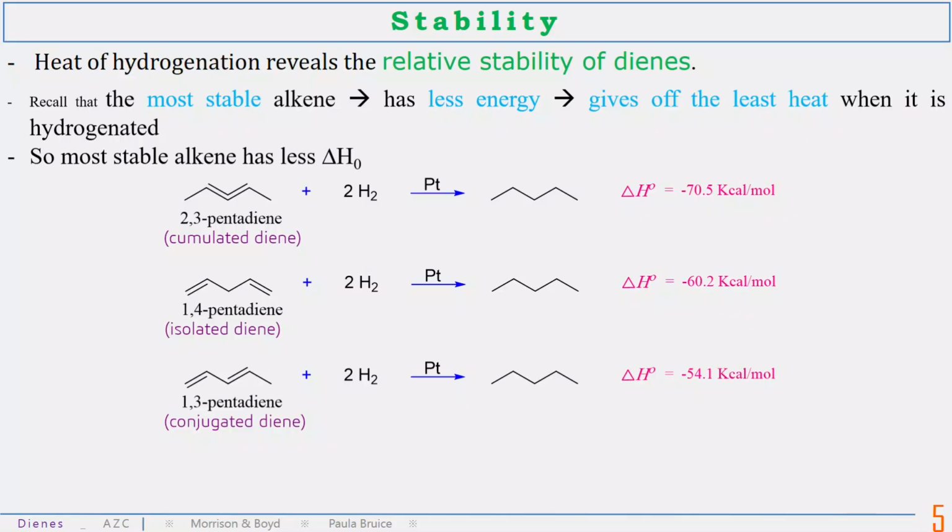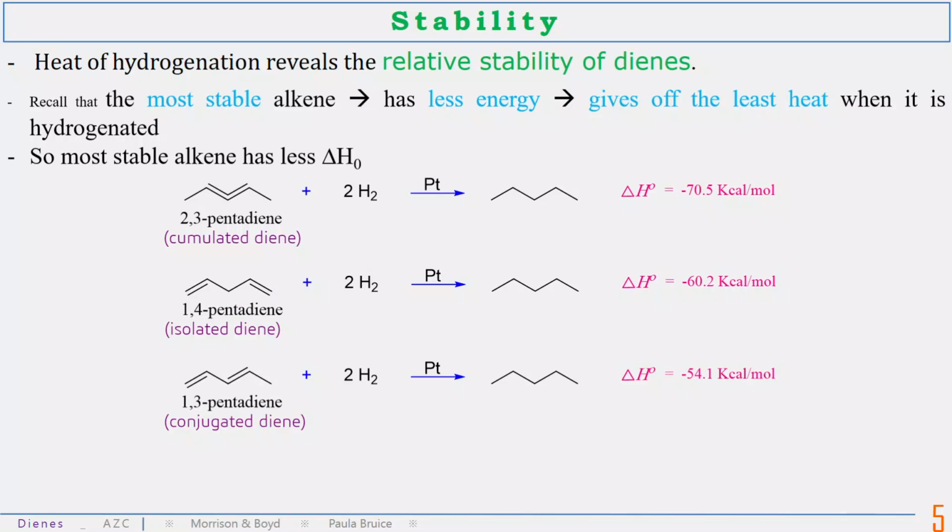Let's identify heat of hydrogenation of different dienes. Here are reactions of 2,3-pentadiene, a cumulated diene, 1,4-pentadiene, an isolated diene, and 1,3-pentadiene, a conjugated diene. All isomers of pentadiene, when performing hydrogenation reaction, give the same product, that is pentane.